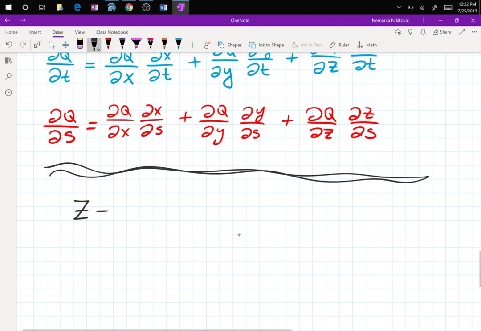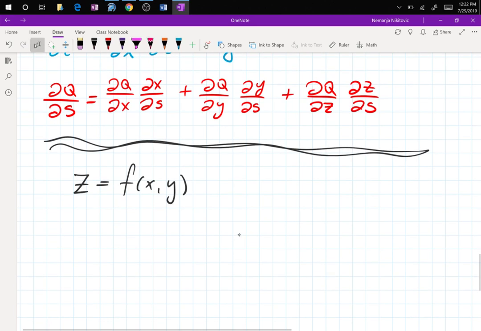Say function z depends on x and a y. Awesome. So now your x is going to depend on r, s, and t, 3 different parameters, and your y is going to depend on r and t only.